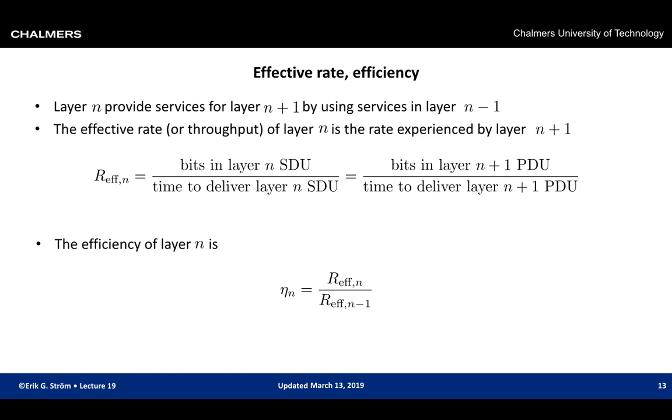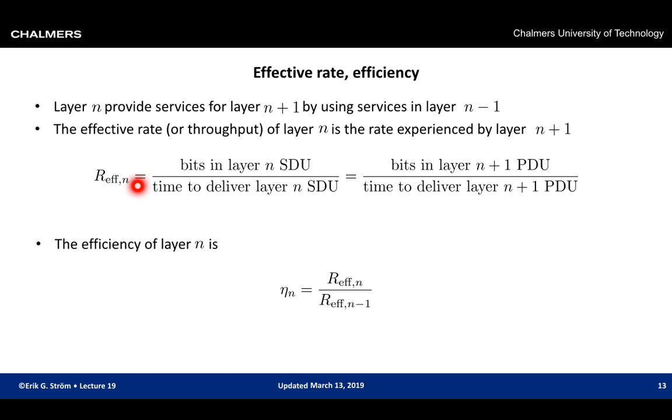One can measure that in different ways, but the way we do it in this course is to look at the effective rate, which is the rate we deliver in our service. Let me try to explain this again. Layer n provides a service to layer n+1. The rate experienced by layer n+1 is the effective rate.